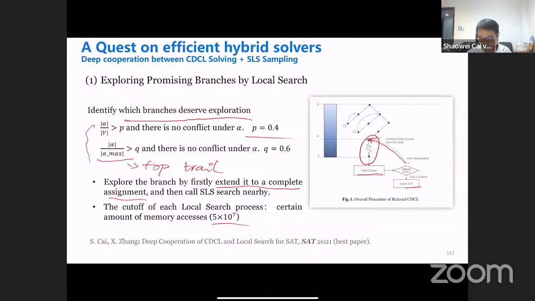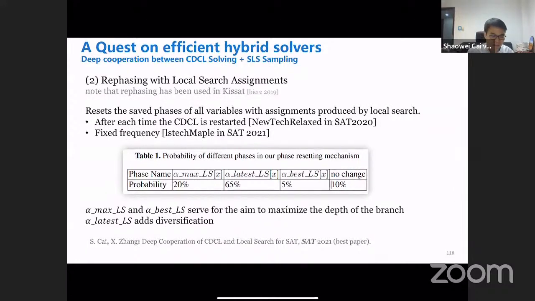After we run the local search, we can collect some information from it to help CDCL. The first information is the local search assignments, as we already used in the construction and local search framework. When we run the local search procedure, we can collect the good quality assignments, and this can be saved as the phases to be used in CDCL.